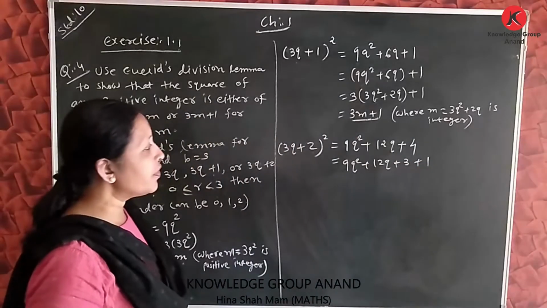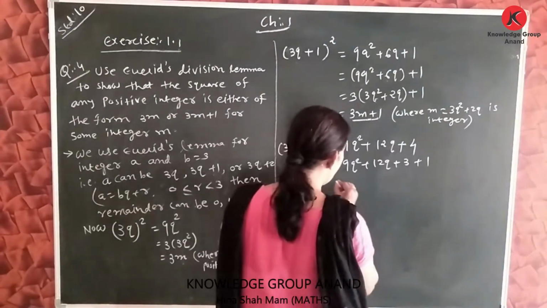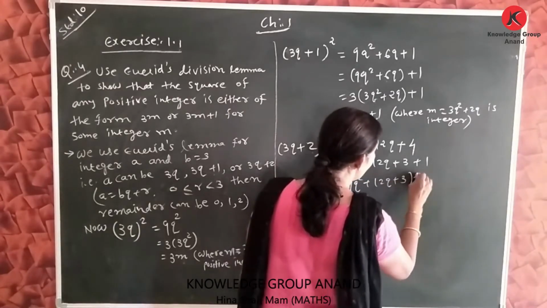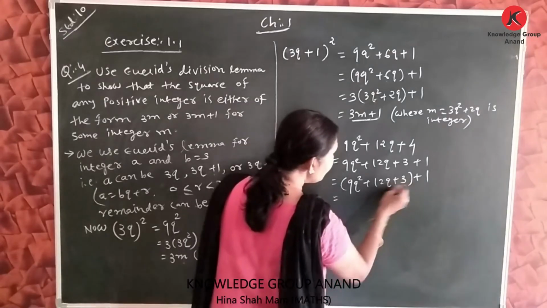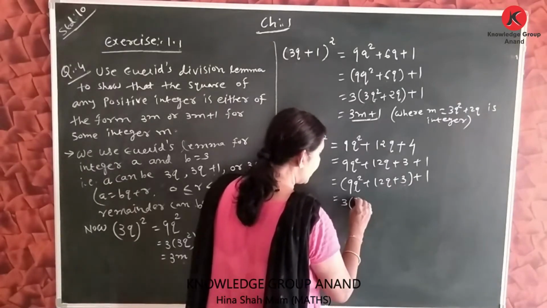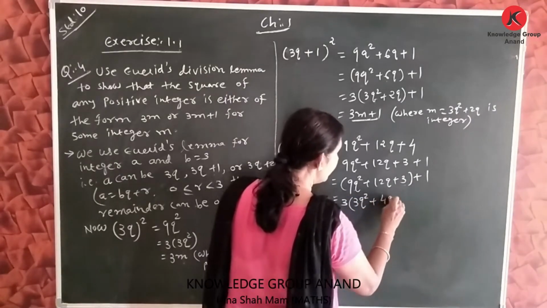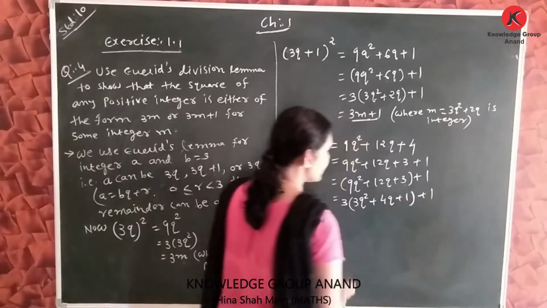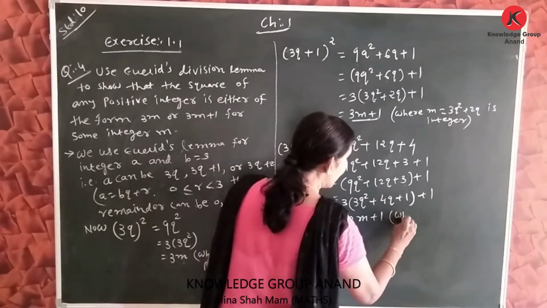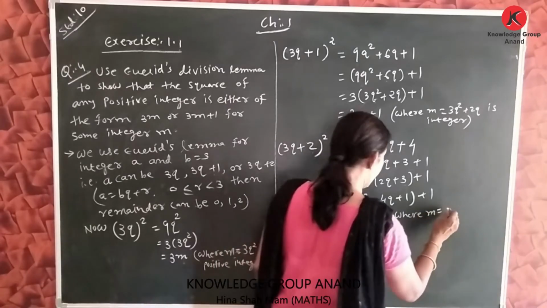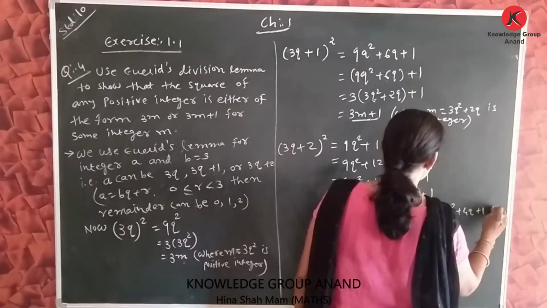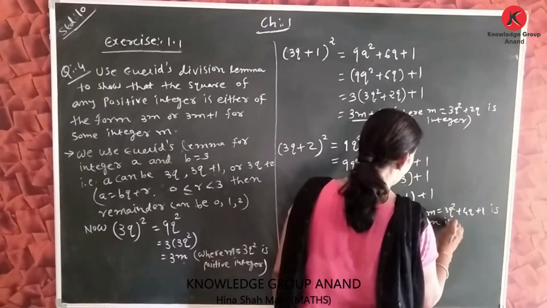So 9q square plus 12q plus 3 plus 1. In this number, the common number is 3. It is a multiple of 3. 3 into (3q square plus 4q) plus 1 is equal to 3m plus 1, where m is equal to 3q square plus 4q plus 1, an integer.